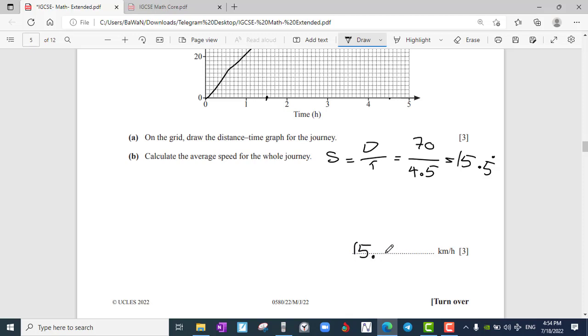And to write this to 3 significant figures, that's 1, 2, 3. 15.6, because 15.5 repeating is equal to 15.5555 forever. 3 significant is here. The next digit is 5 or above, so it makes this 5, 6.